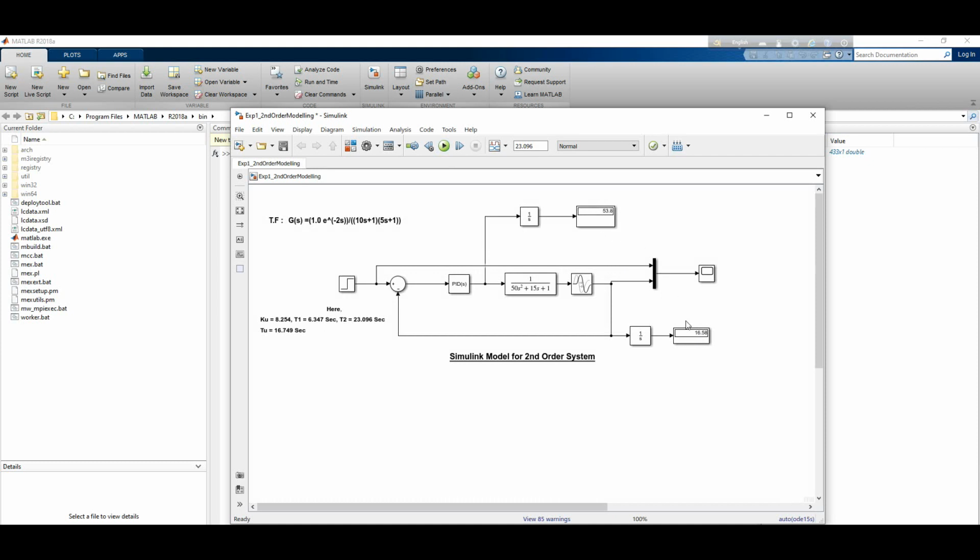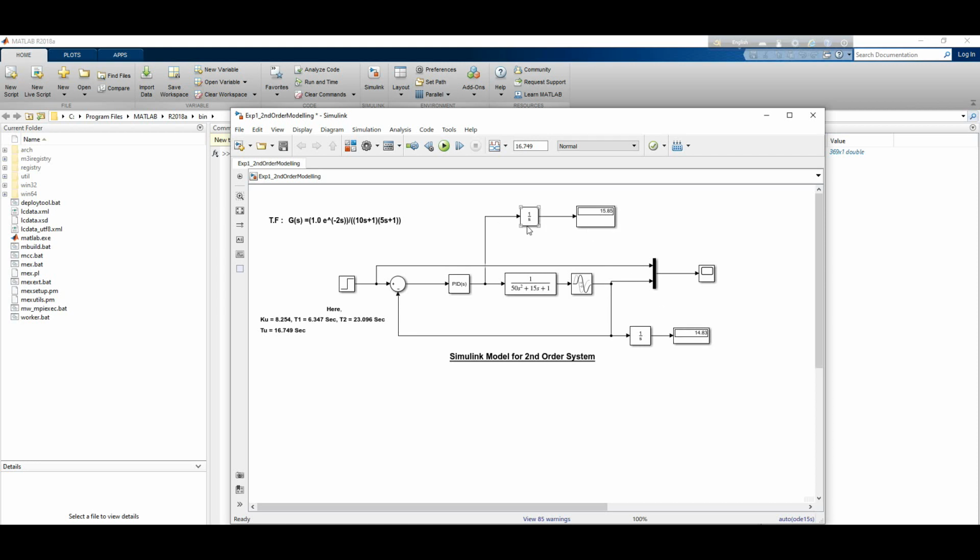This input and output value we have to note down. Then again I put the value 16.749 seconds, and again we note down the values for input and output.